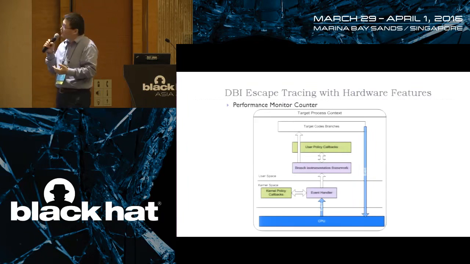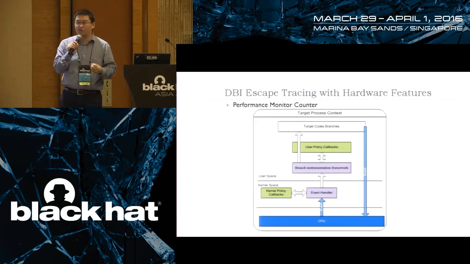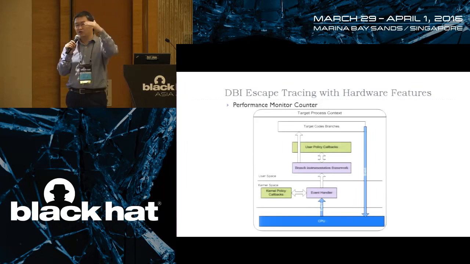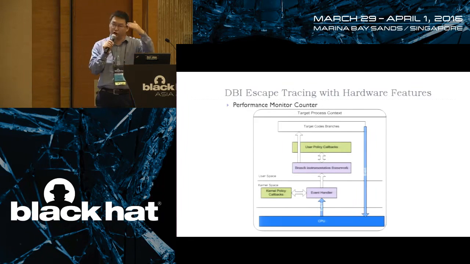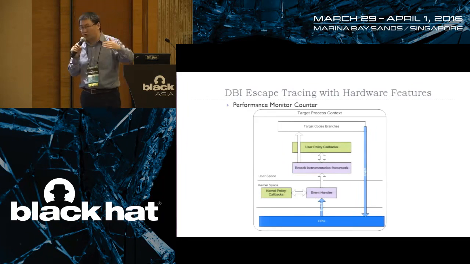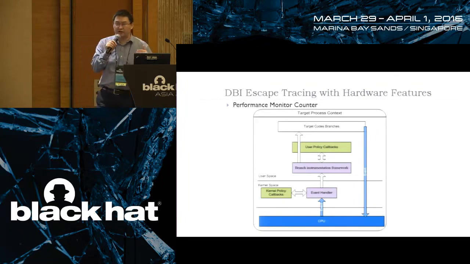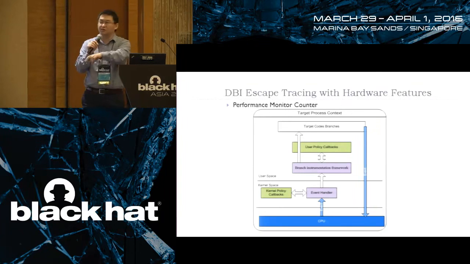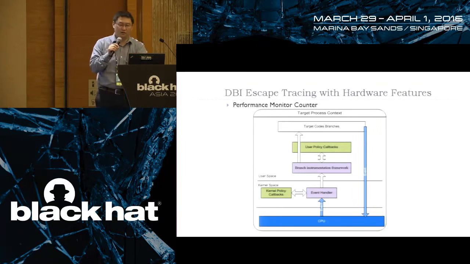For example, here we are using the PMU. We designed a special tool to monitor and collect the user space application execution trace. With that approach, we collect lots of data. Then from the data pattern, you can easily see whether this code did the escape or not.